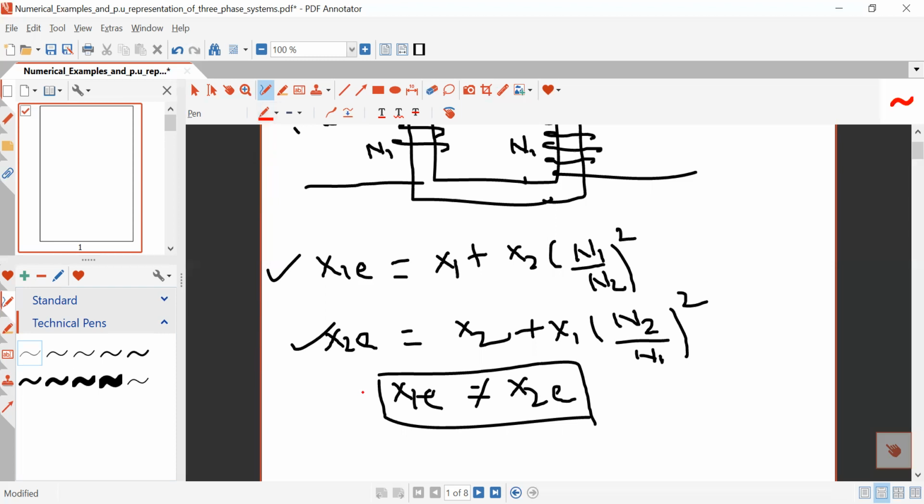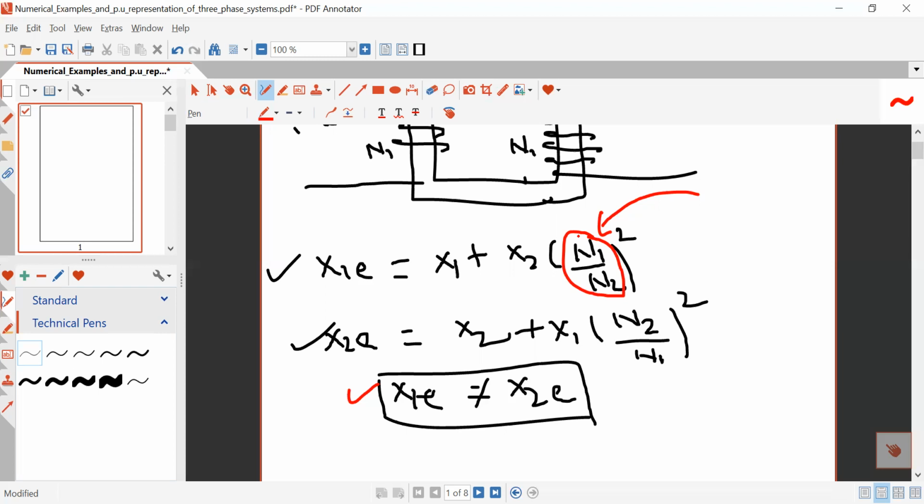And second point is, without the information of turn ratio, neither you can calculate X1E nor you can calculate X2E. So the information of turn ratio is very important while you are going to calculate total reactance, resistance or impedance of the transformer either referred to the primary or secondary side.